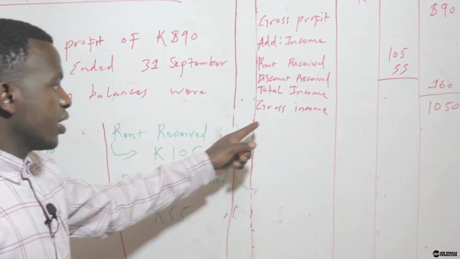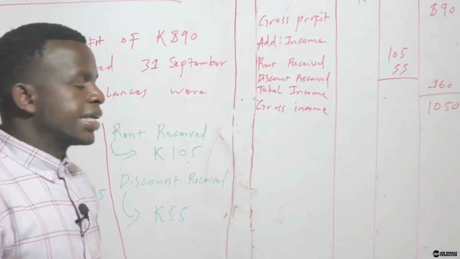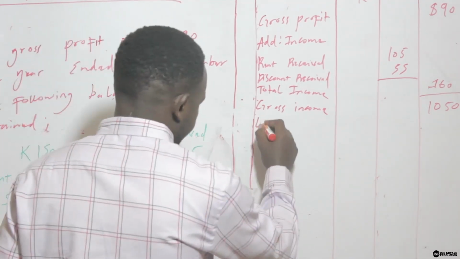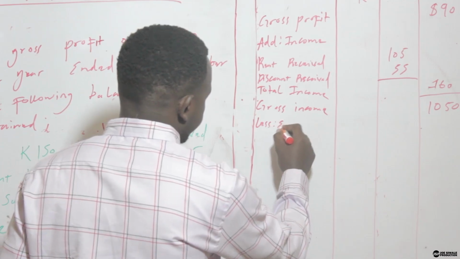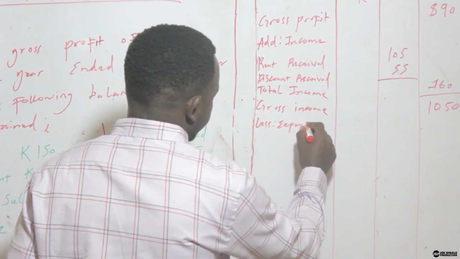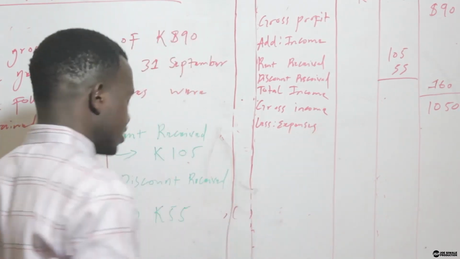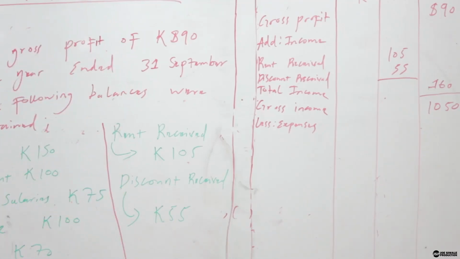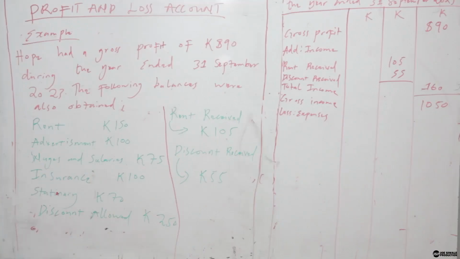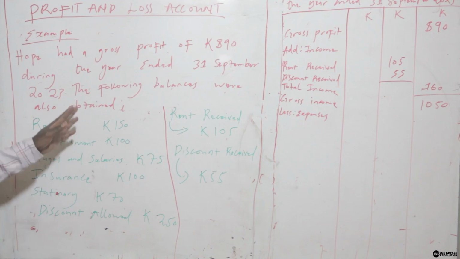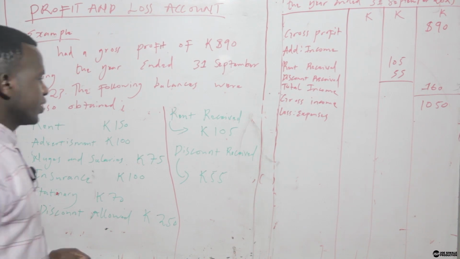Since we have calculated our gross income, we can say less expenses. So less expenses. So we have to identify our expenses in the question. So identifying the expenses in the question, we have rent, advertisement, wages and salaries, insurance, stationery, discount allowed.